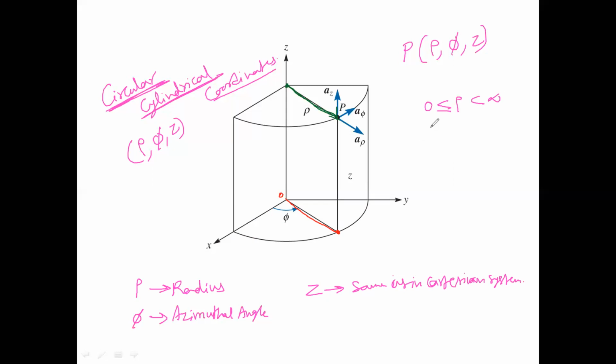The second coordinate ranges 0 less than or equal to phi less than 2 pi, which is 360 degrees. Obviously, the circular shape of the cylinder is 360, so the angle goes from 0 to a maximum of 360. Then the z axis is the same as the previous Cartesian system: minus infinity to plus infinity.